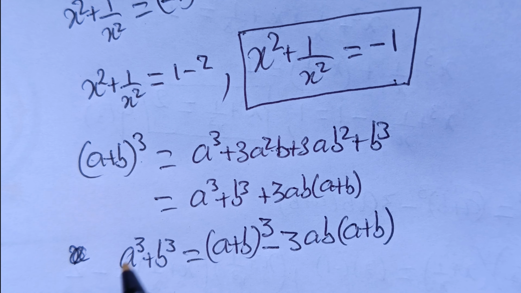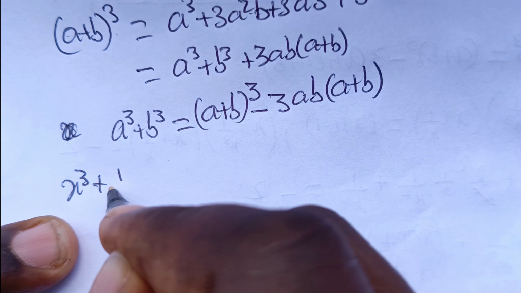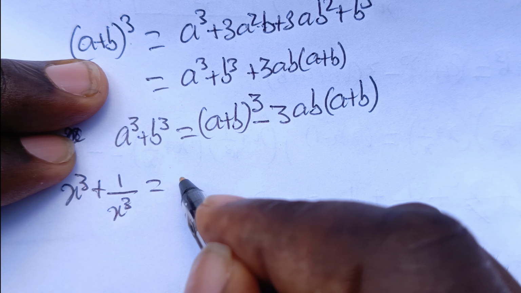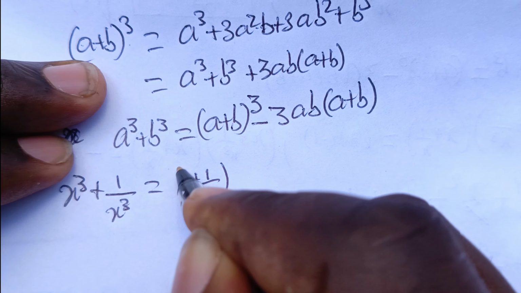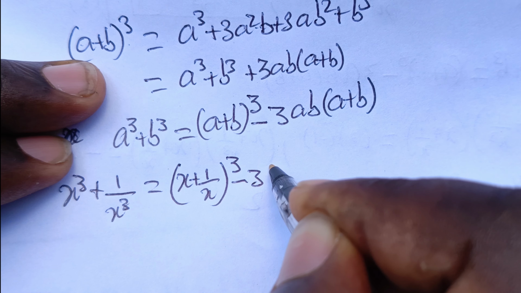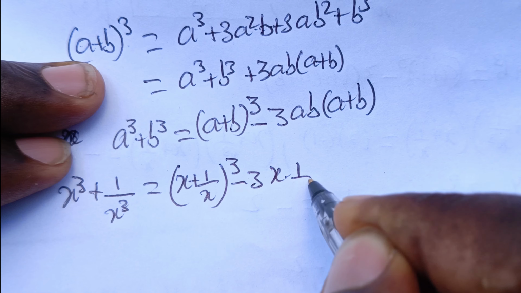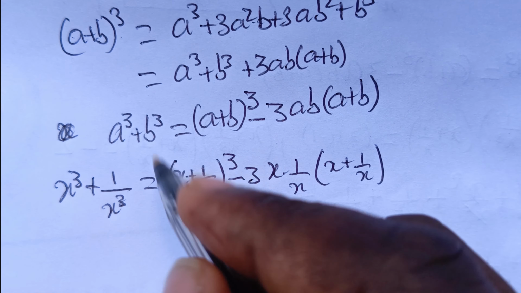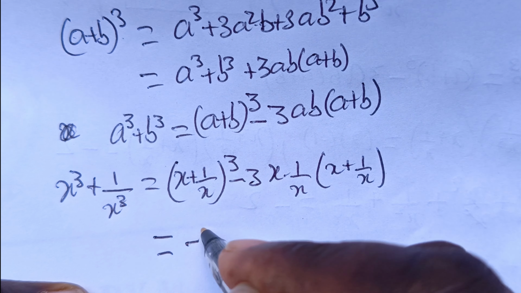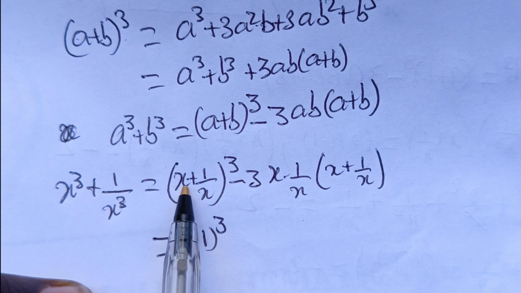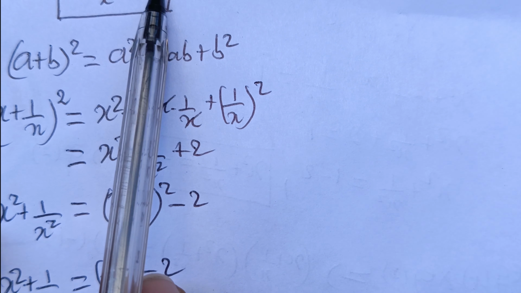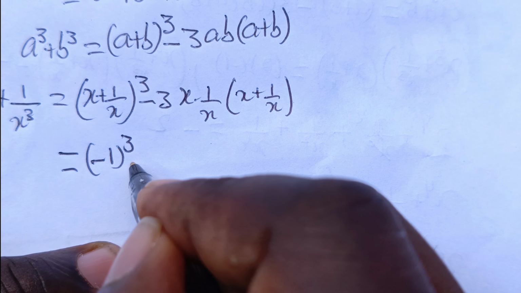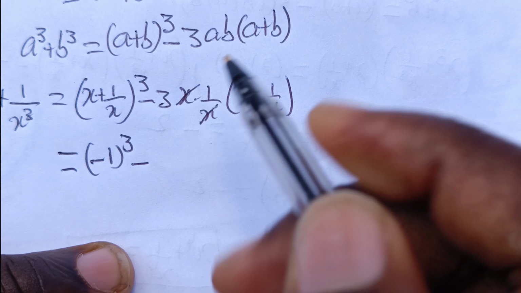So here x to the power 3 plus 1 over x to the power 3 is x plus 1 over x to the power of 3 minus 3 times x times 1 over x into x plus 1 over x, guys. This is equal to minus 1 to the power 3, because x plus its reciprocal was seen to be minus 1, as it is here, minus this, and this will be simplified.